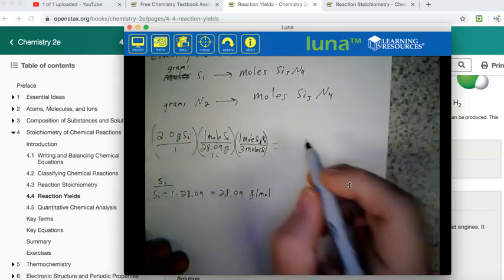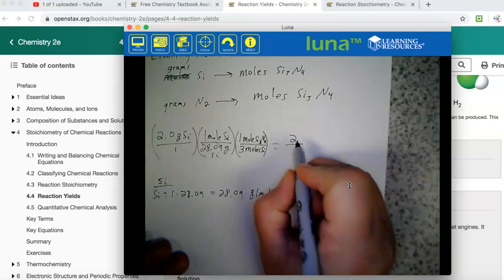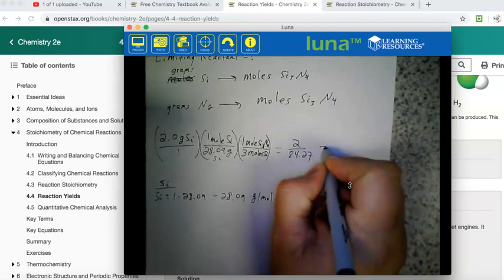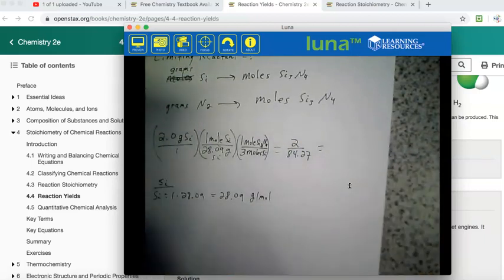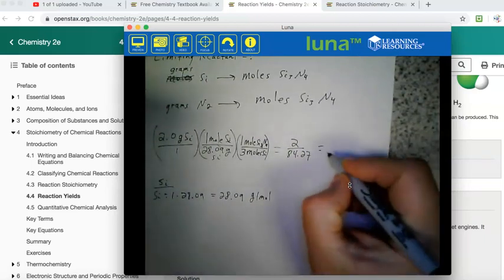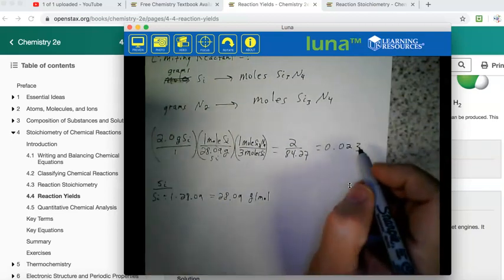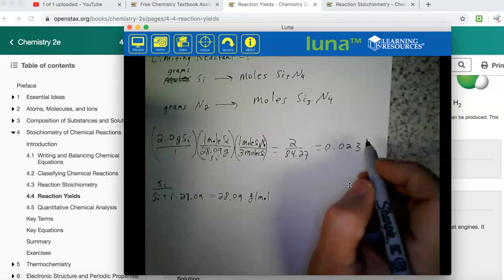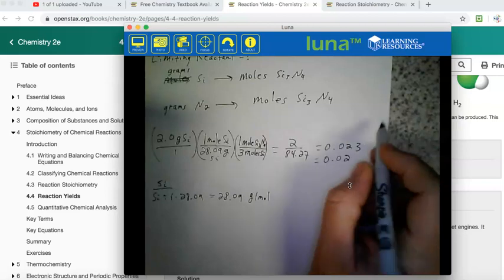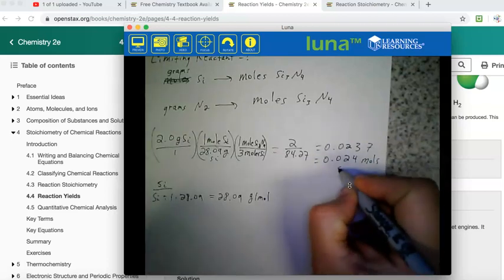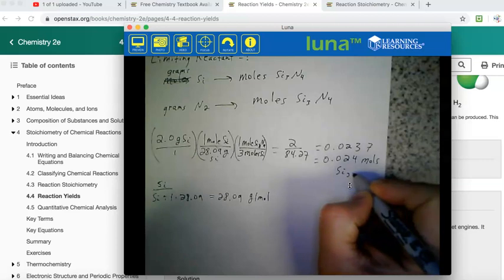So 2 times 1 times 1 over 1 times 28.09 times 3 is 84.27, and that is 0.023. And I'm starting out with 2 sig figs here, so that's going to be 0.024 moles of Si3N4.